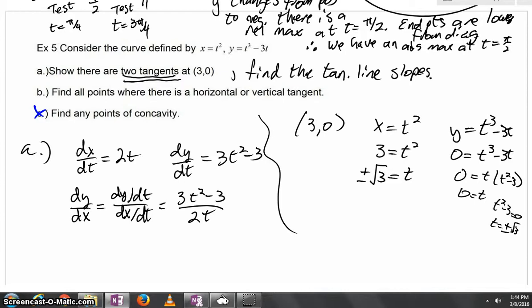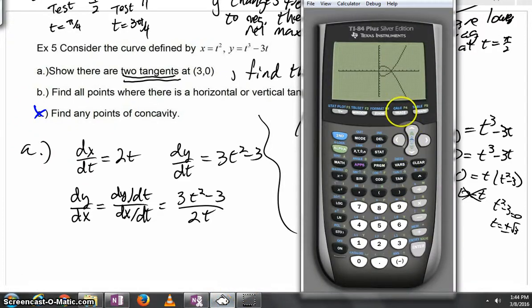Plug in 0 for t, and look, x would be 0 squared. You'd be at x equals 0. You see what's happening? So really, yeah, if you just were looking at y, you'd be in trouble. Because here are the 2 t values that are getting you into some information. Hey, check this out. Maybe this is cool for you to take a look at.